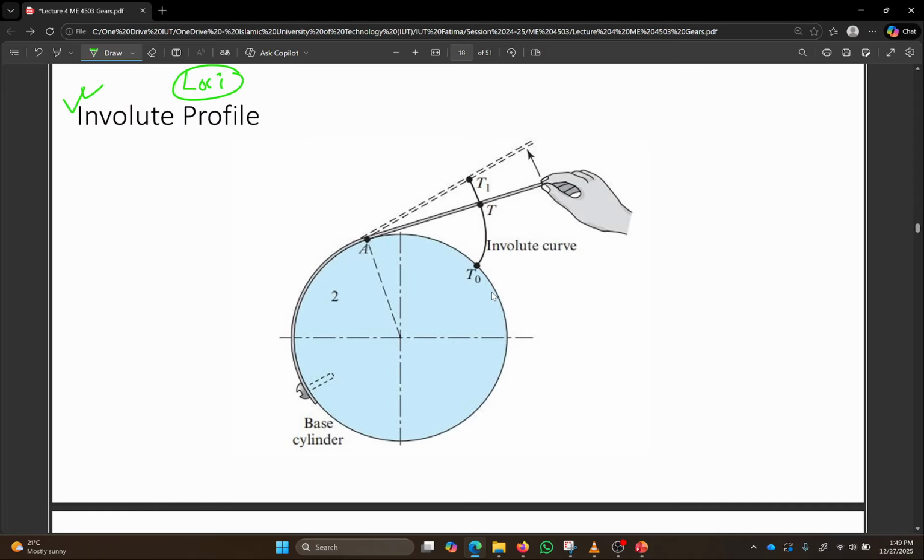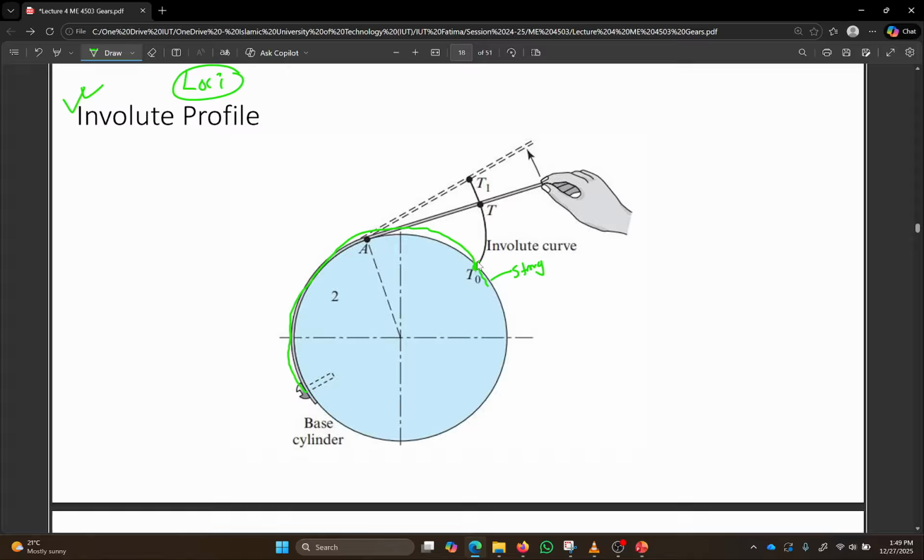An involute profile is a special profile. To define it, if you have a circle and you wrap a string around the circumference of the circle, and then you use a pin to hold one point of the string, and you start unwinding this string while you hold the pen over here.